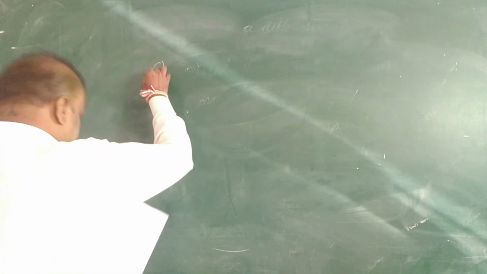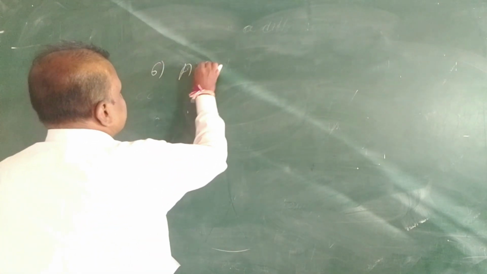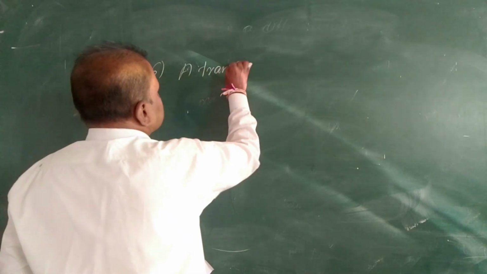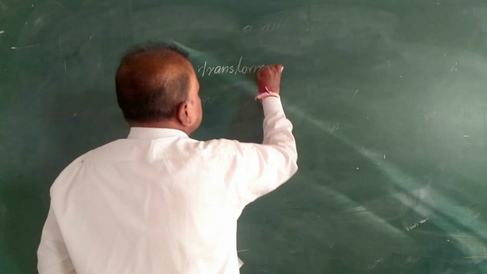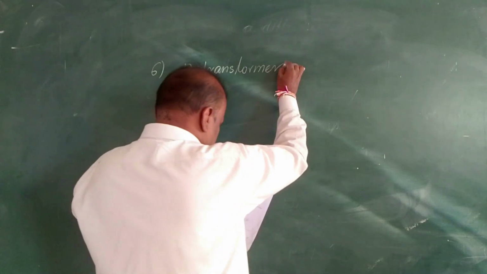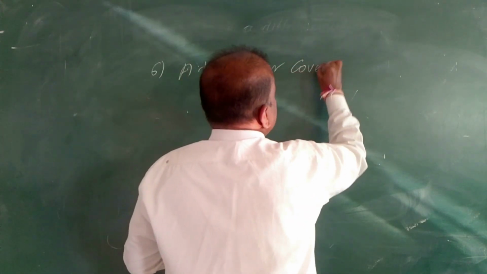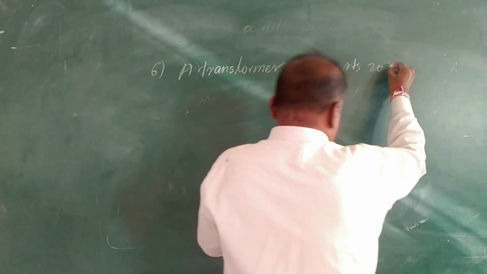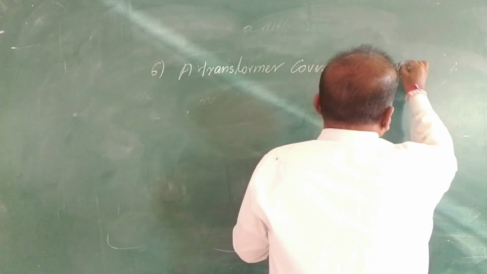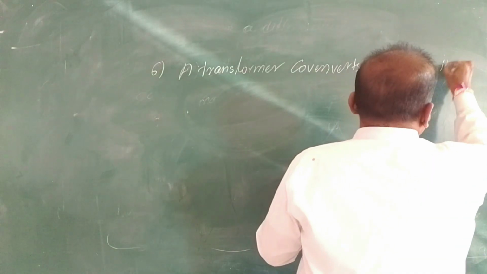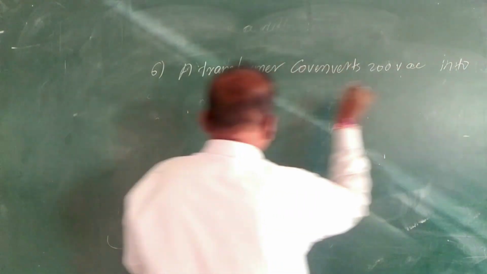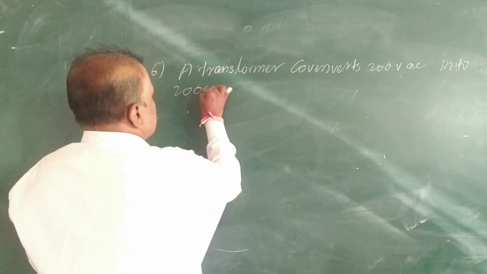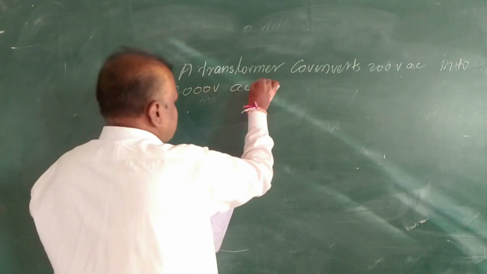Sixth question. A transformer converts 200 volts AC into 2000 volts AC.